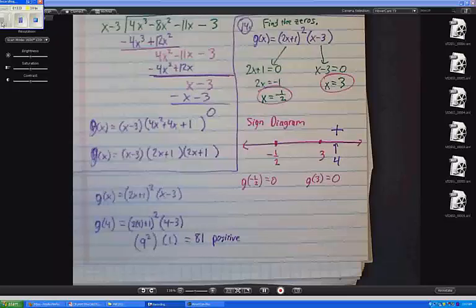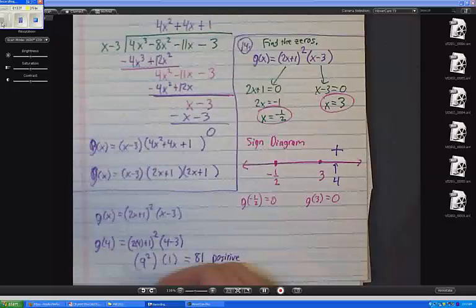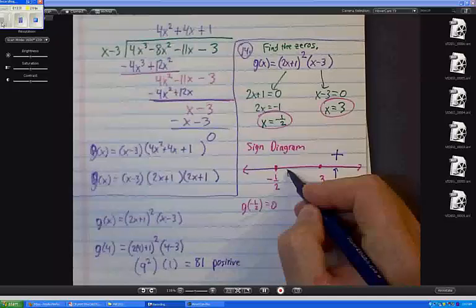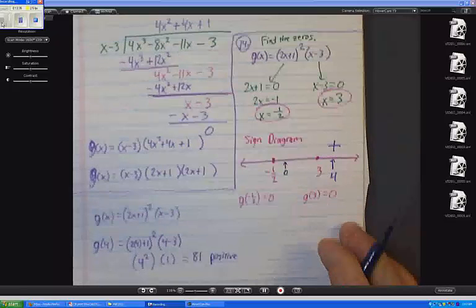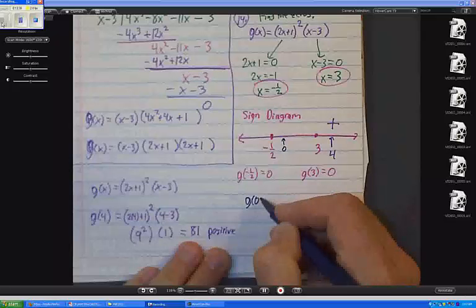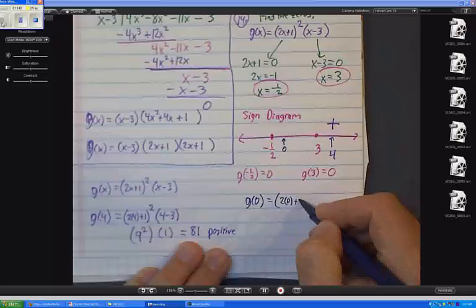Here, let me try this, guys. G of 0, because that's in between here, and I love doing 0. It's so easy to compute. What is g of 0? Let's see. It would be (2 times 0 plus 1) squared times (0 minus 3).